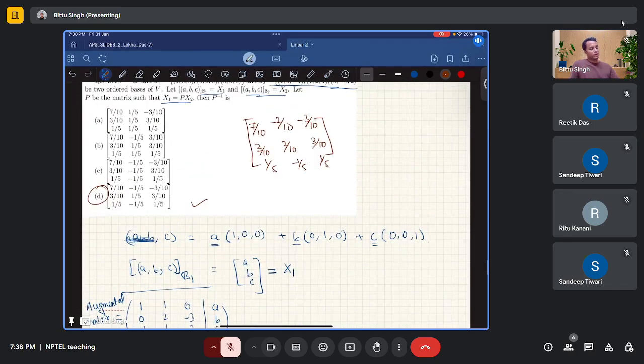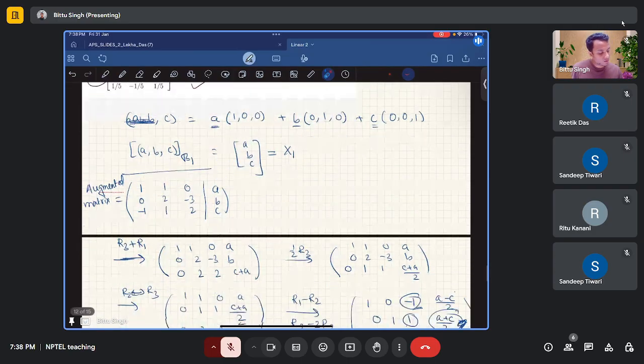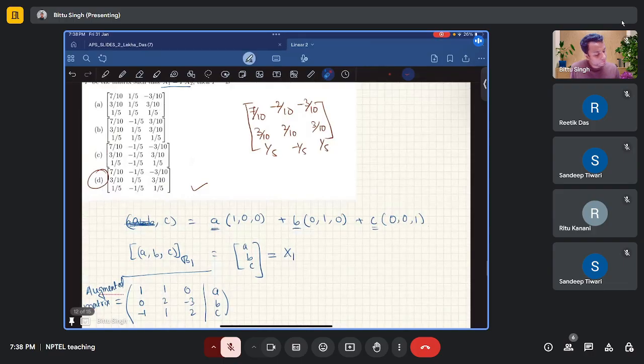So again, let me repeat what we have done. First, we represent this ABC with respect to basis 1, which is this ABC. It is clear because it can be written as A times 100, B times and so on. That's why it will look like this column vector ABC.